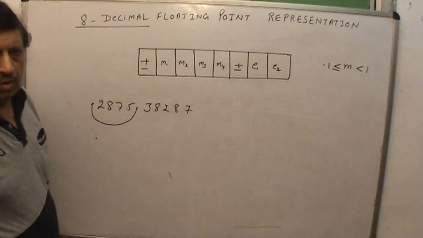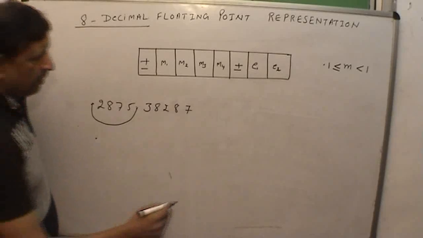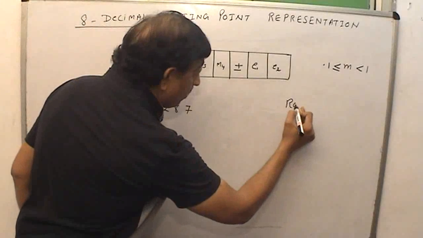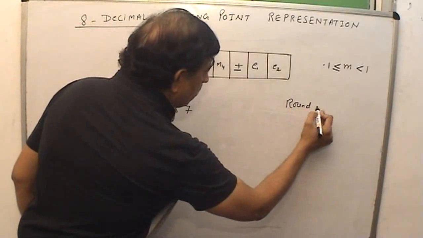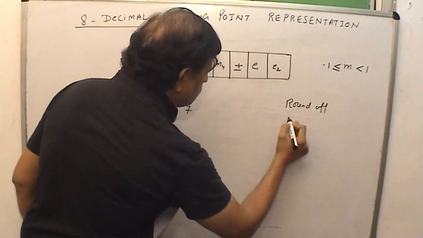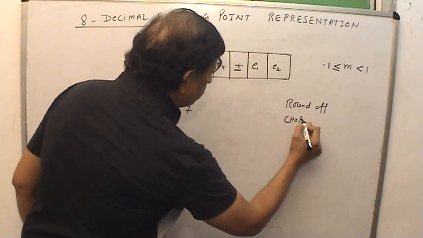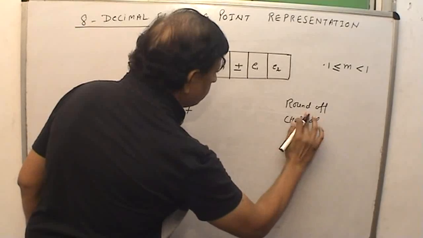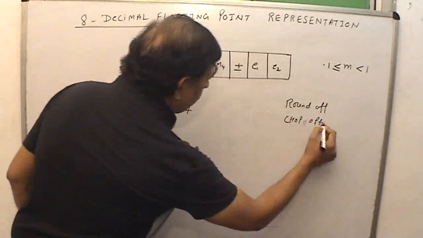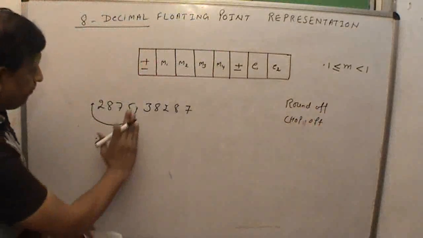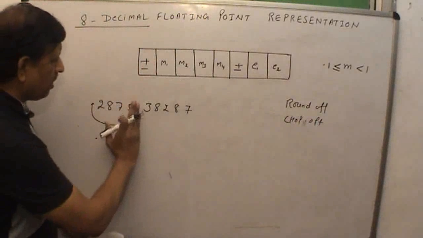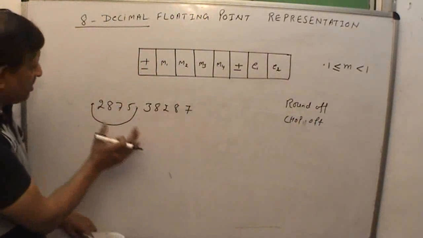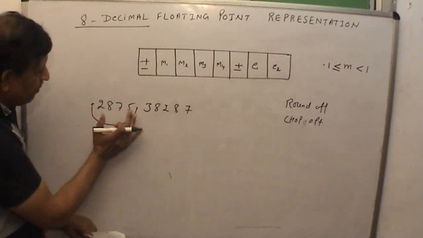Then what do we do? We have 2 options: round off the digits or chop off. Chop off means removing the remaining digits except 4.